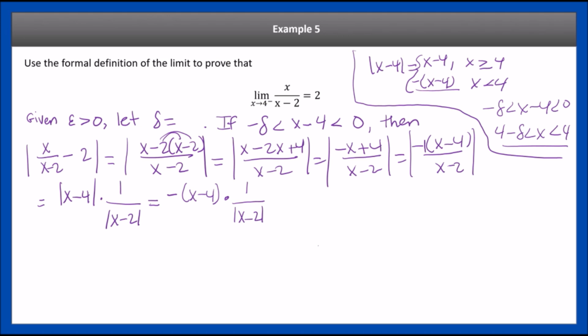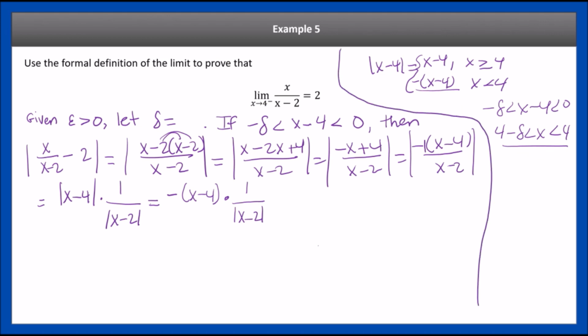And then we're going to start replacing the x minus 4 with the delta, but first we've got to take a look at that. So we're going to do that off to the side as well.